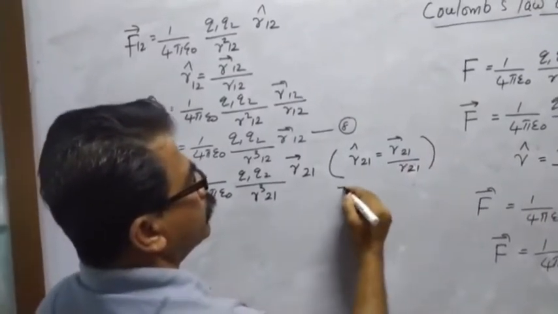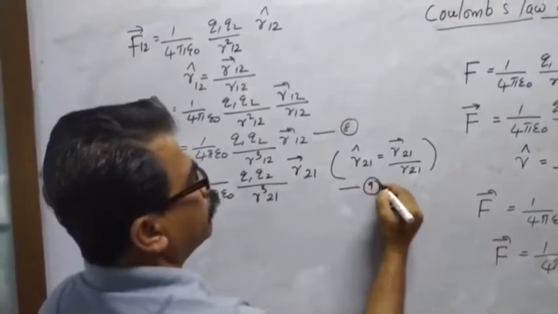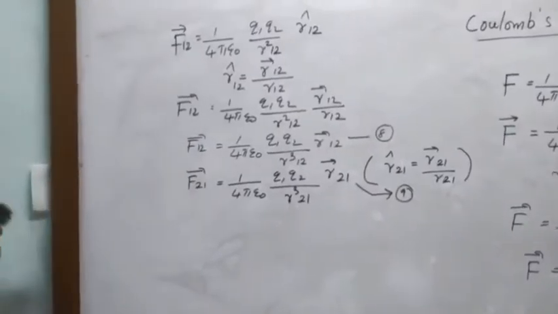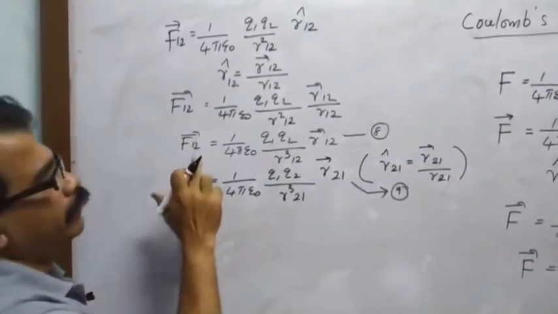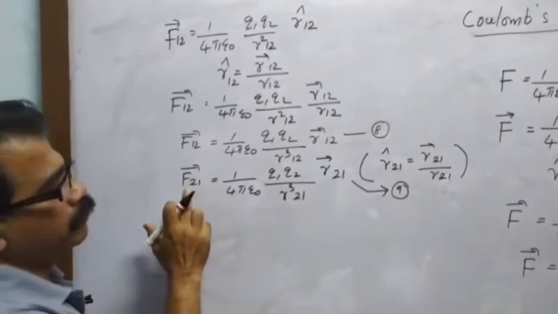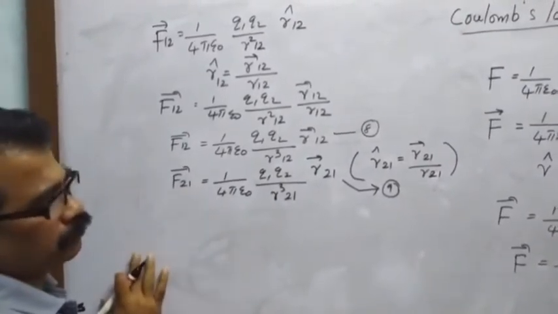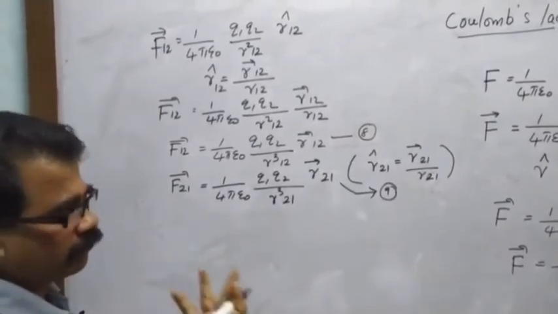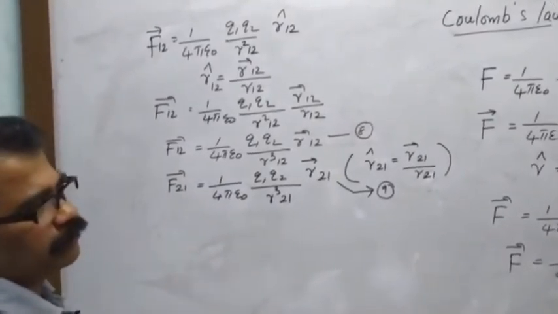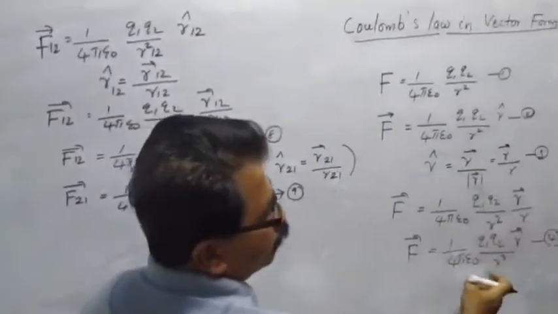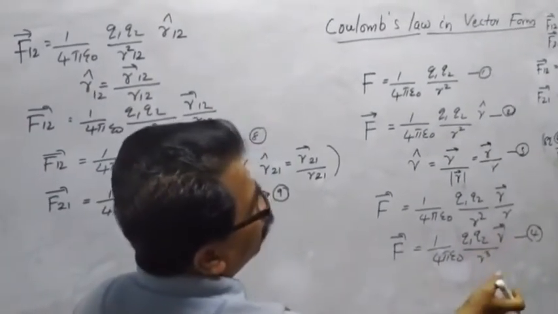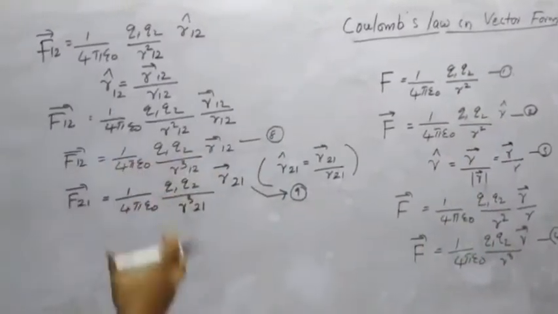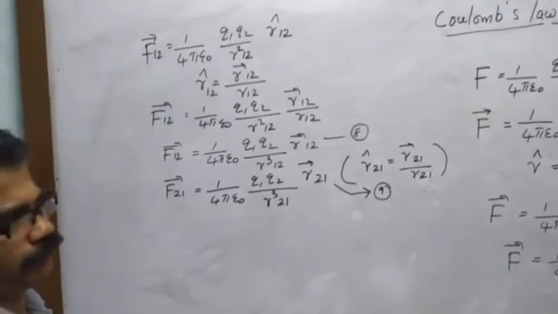This is equation number 9. So, equations 8 and 9 also represent Coulomb's law in vector form. You can write the Coulomb's law of force in vector form in different ways. It is very simple: F equal to 1 by 4 pi epsilon 0 Q1 Q2 by R cube into vector R, or F equal to 1 by 4 pi epsilon 0 Q1 Q2 by R square into cap R.